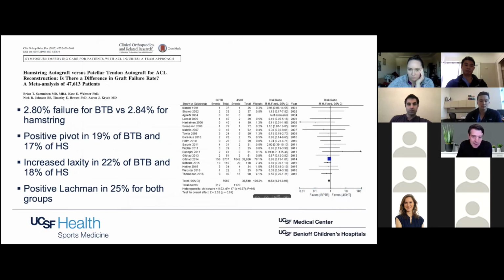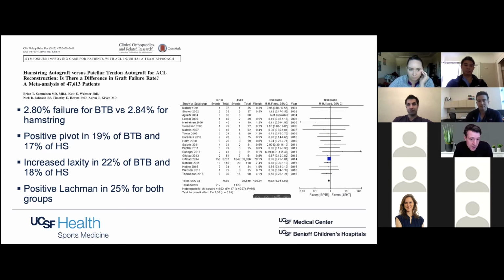Well, I think we've all got historical preferences, but understand that this data, which is what most of us go by, the regular understanding is that there's not a big difference between BTB and hamstrings. We're not talking about quadriceps here, which I think is going to be added to this discussion down the line.